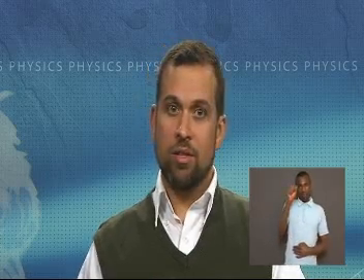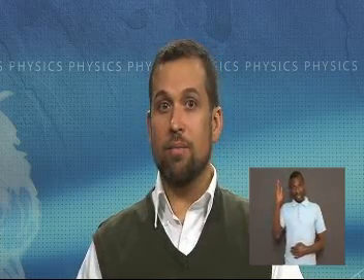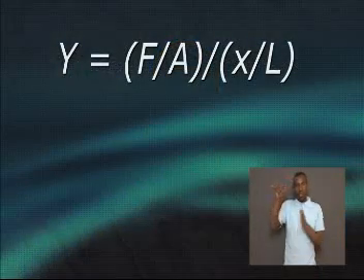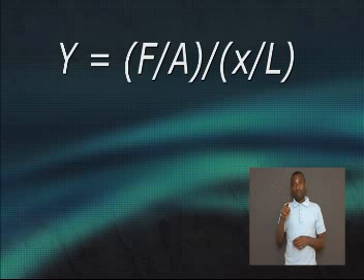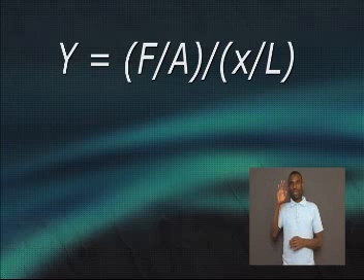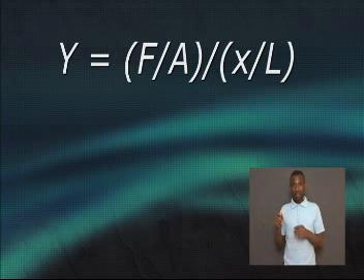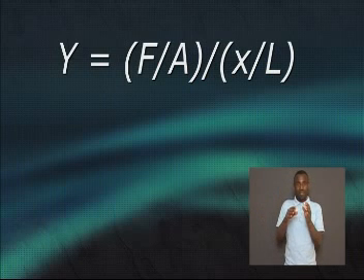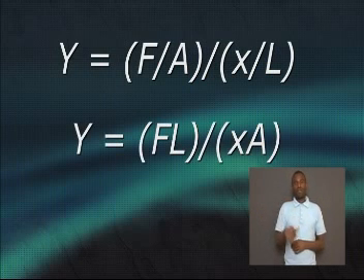The ratio of tensile stress to tensile strain up to the material's limit of proportionality is called Young's modulus. In symbols, it is expressed like this. We can rearrange it into the more elegant form seen here.